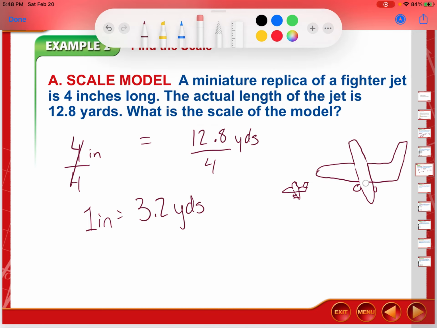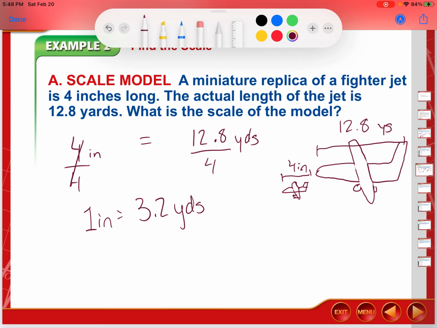Now we're going to need the pixel eraser here, not the object eraser. There we go. There's our lovely airplane. So our model, 4 inches, our real plane, 12.8 yards. So what we're saying is, okay, what is a unit that we could say that would make sense to make a scale here?